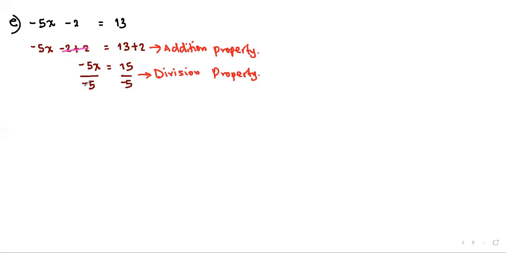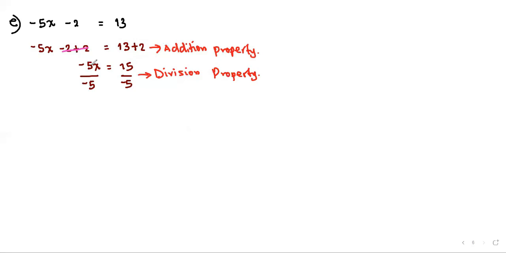You divide by negative 5 on the left-hand side, you also divide by negative 5 on the right-hand side. So what you do on the left-hand side, you must do on the right-hand side in order to make sure that the equation keeps on balancing.